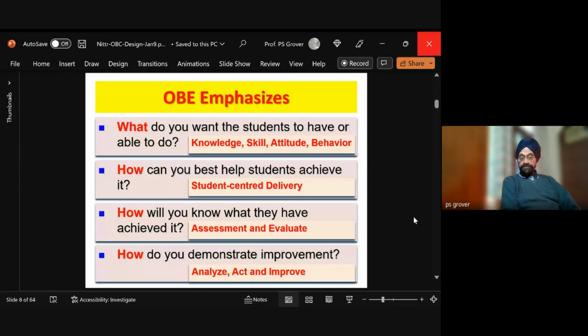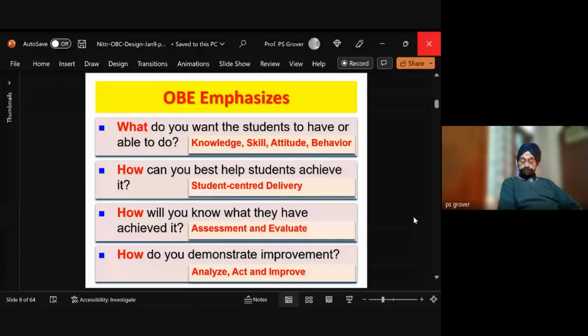So outcome-based education emphasizes what we decide we want the student to be able to do, learn, knowledge, skill, attitude, behavior. How can you best help students achieve it? That means we, as faculty members and as an institution, how can we help the student achieve this?